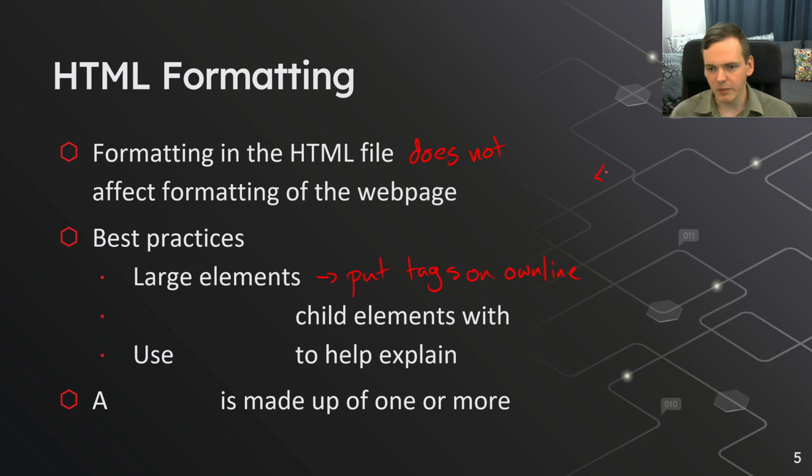So you might see something like body, and then there's all this stuff in here, and then we see close body. And so because there was a lot inside this body element, we put the tags on their own line, so it's just easier to look through. Typically, we will indent child elements with 2 spaces.